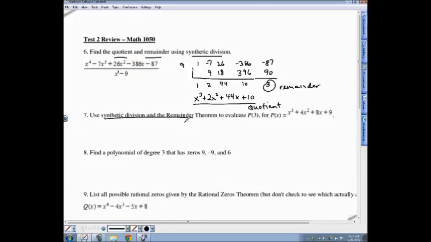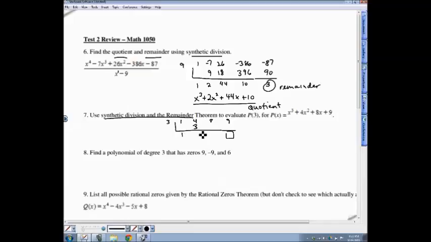Now, the remainder theorem, well, let's first start with synthetic division here. 1, 4, 8, and 9. And when we're using the remainder theorem to evaluate a polynomial, you actually use this value here. The remainder theorem states that whatever value you get as the remainder, that's what you would get if you plug this number into the polynomial.